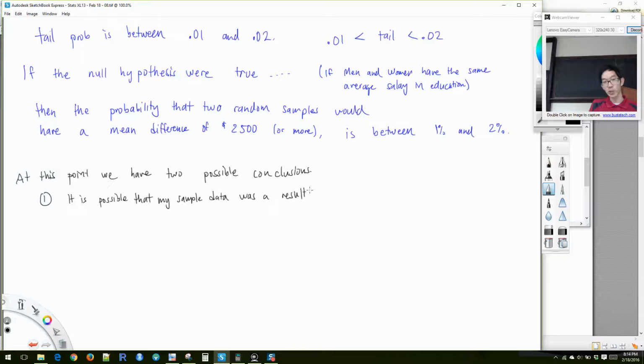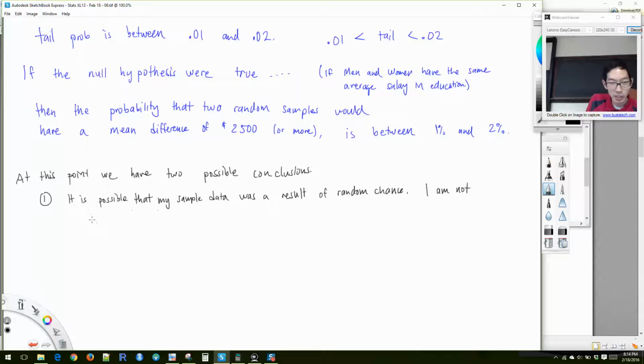Well, it's always possible. I'm being very verbose in writing all of this out. In the future, I'm just going to say I'm not going to reject the null hypothesis, or I'm going to reject the null hypothesis. But here I'm going to be very verbose, so when we make future conclusions, you can look back to this.